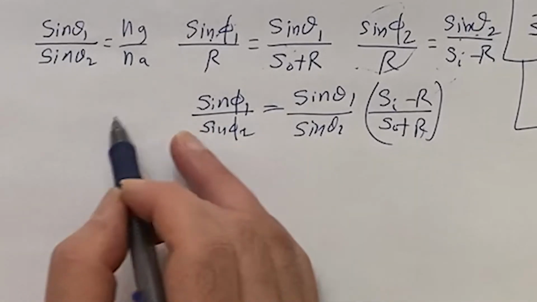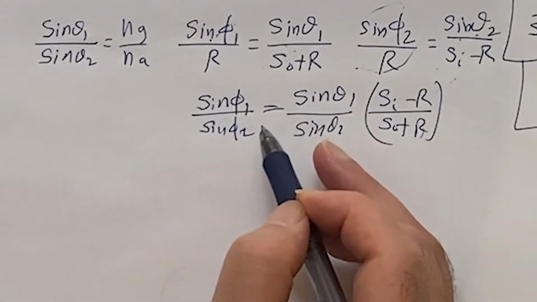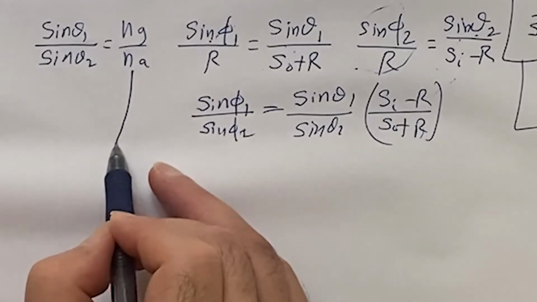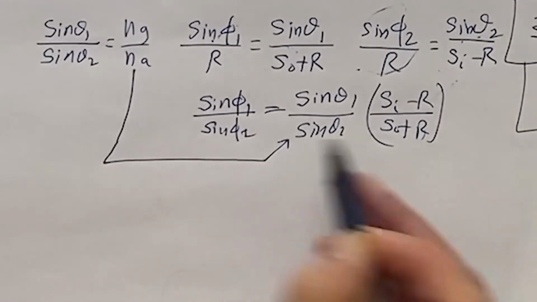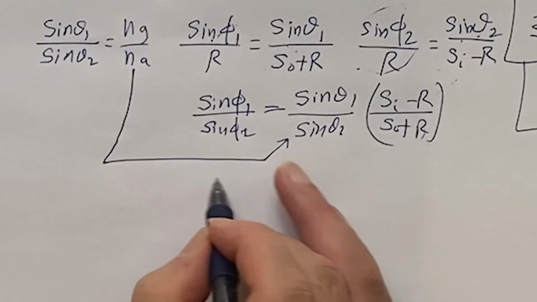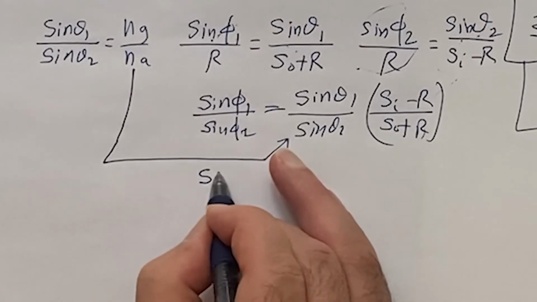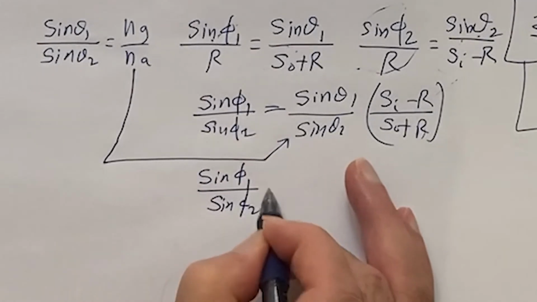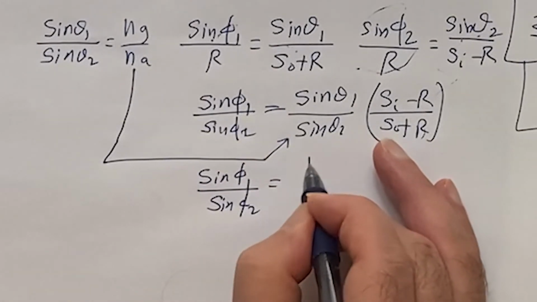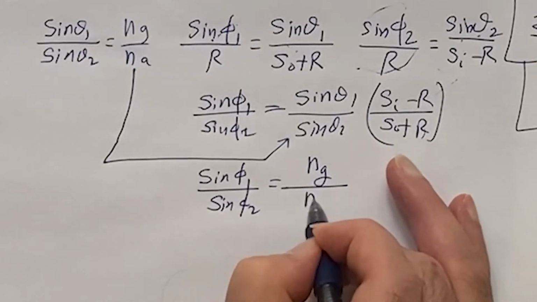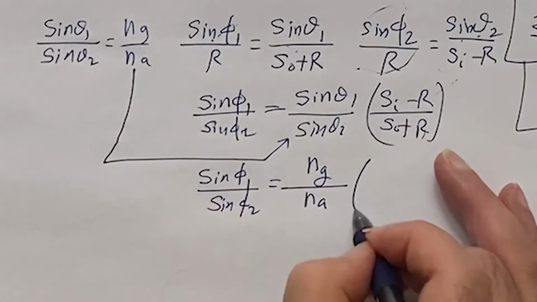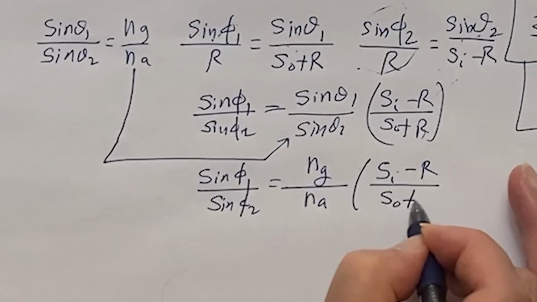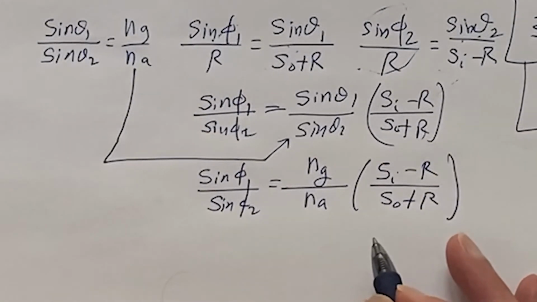And then if we use Snell's law over here, it kicks in, and we get the same term here coming down. We get NG, glass over air, and then SI minus R over SO plus R, like that.